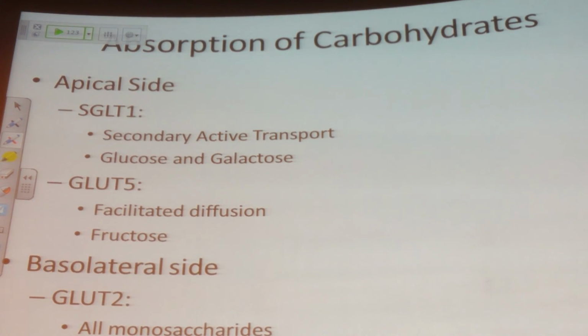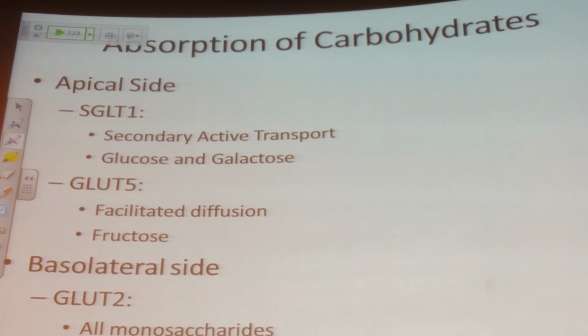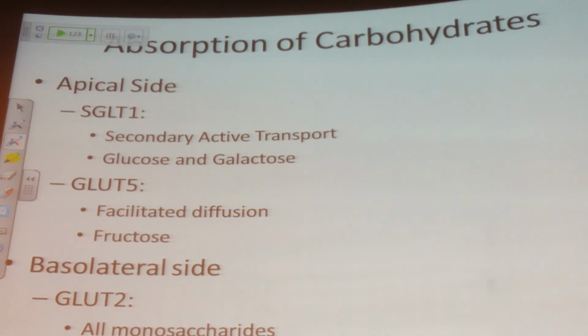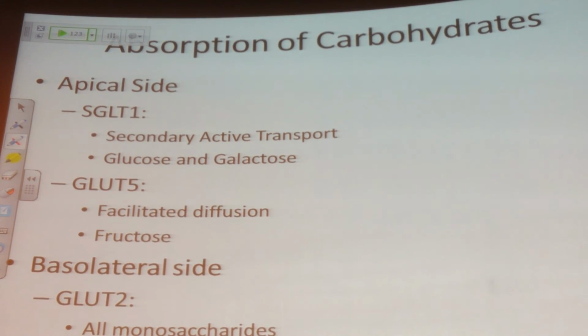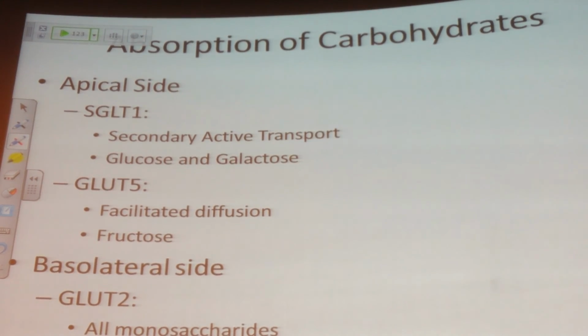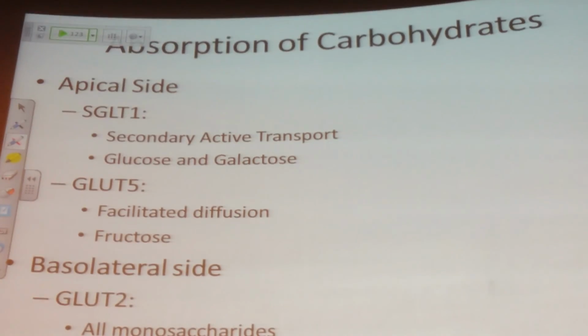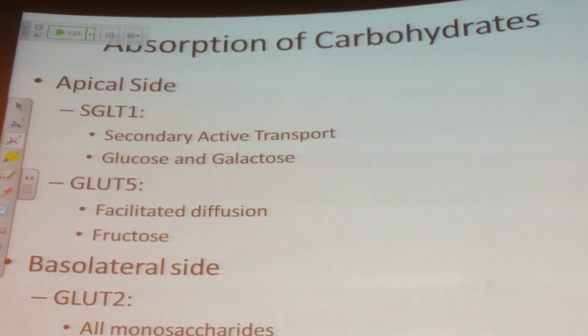This can be viewed in two different ways: by the transporters, or by the different monosaccharides. We're going to see how transporters play a role here. The way they get transported inside the enterocytes, those columnar epithelial cells, and the way they get transported out of the columnar cells into the blood are different.